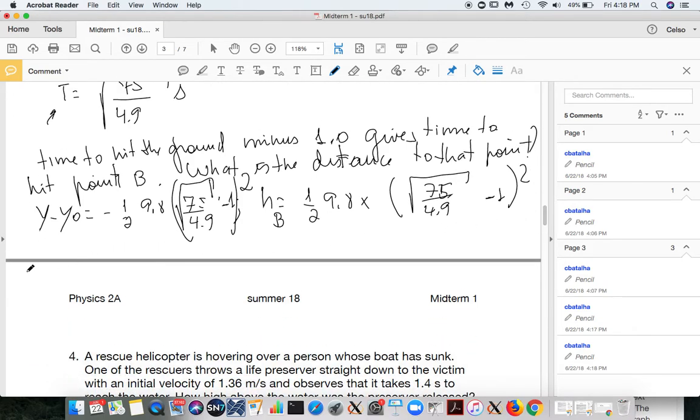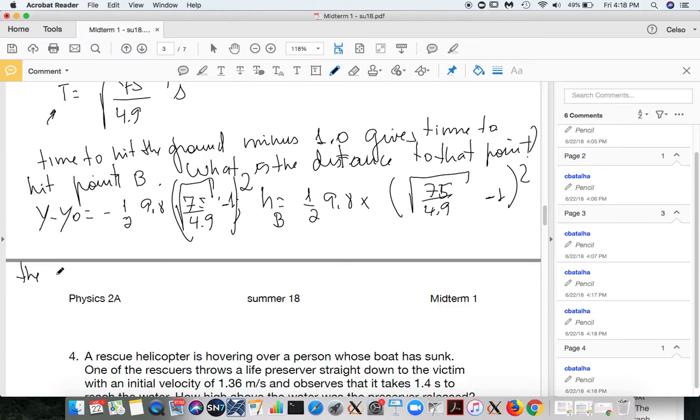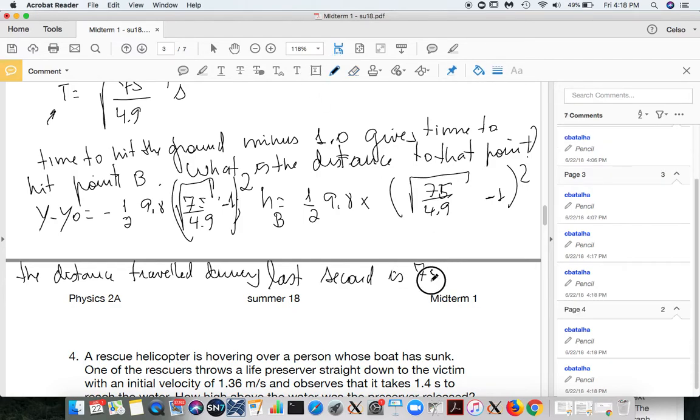So then you can solve for the distance traveled during the last second, which is given by HB, in fact 75 minus HB.